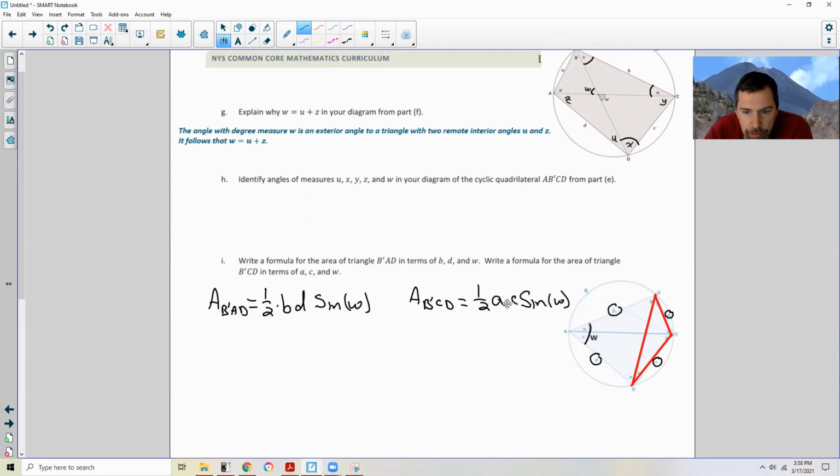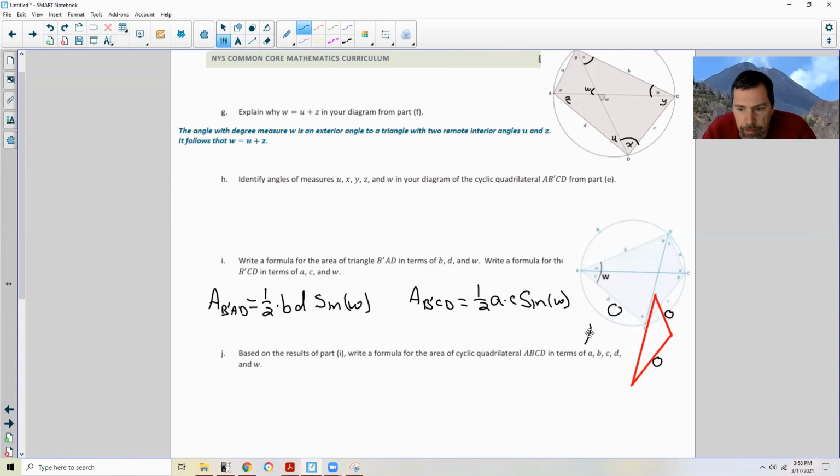Okay, and part J says, based on the results from part I, write a formula for the area of a cyclic quadrilateral ABCD in terms of A, B, C, D, and W. Okay, so we're looking at right here, based on the results from here, write the formula for the area of the cyclic quadrilateral. Well, it's the sum of those two.